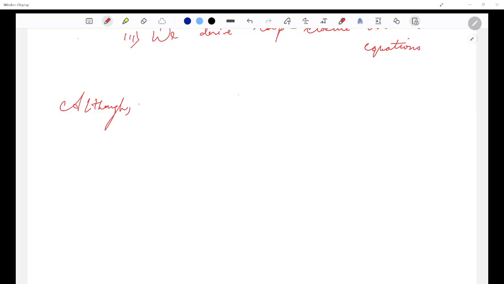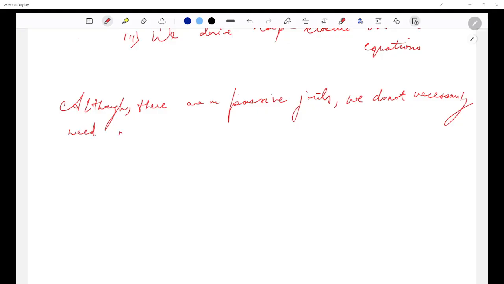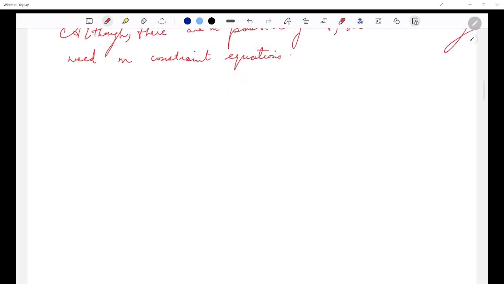Although there are m passive joints, which we already saw, n and m, right? We do not necessarily need all these m constraint equations. Why?